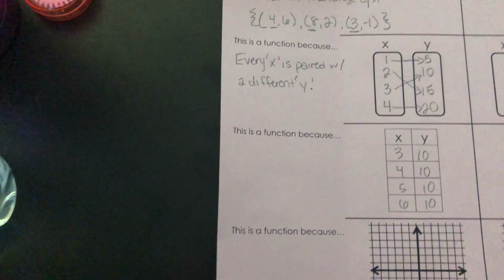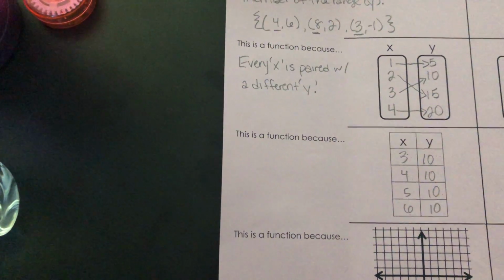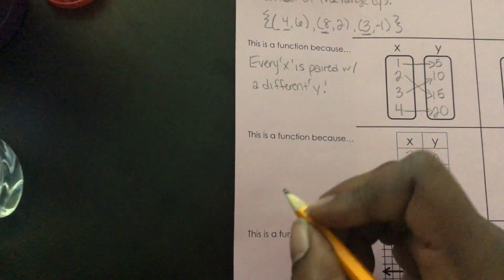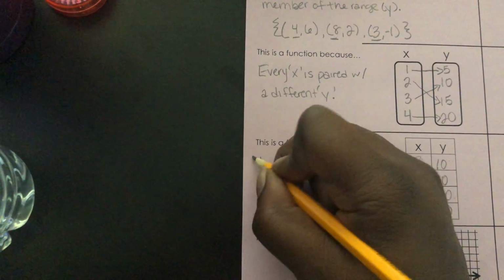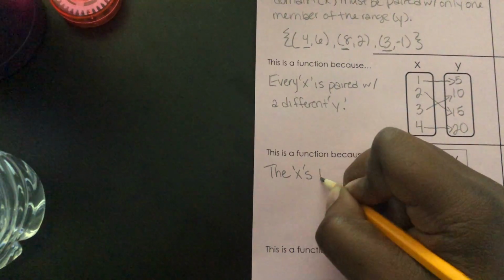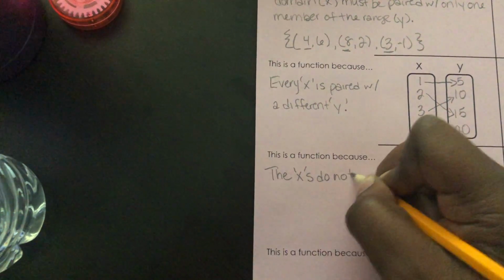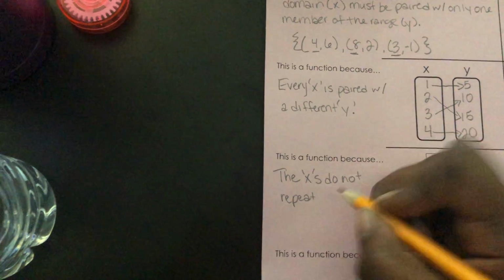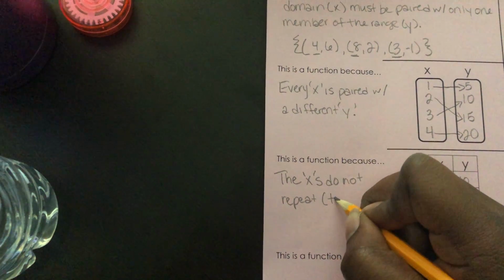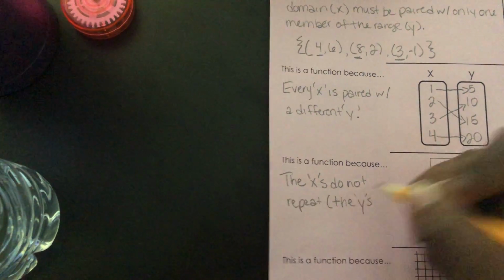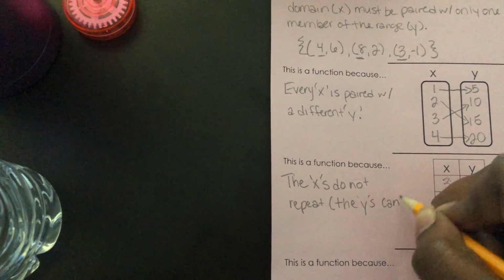They don't really matter, but your x's cannot repeat themselves. The y's can do kind of whatever they want. So we're going to say this is a function because the x's do not repeat, and we'll put in parentheses, the y's can.